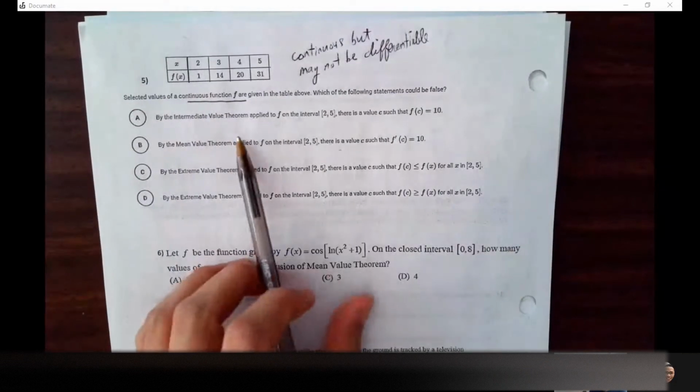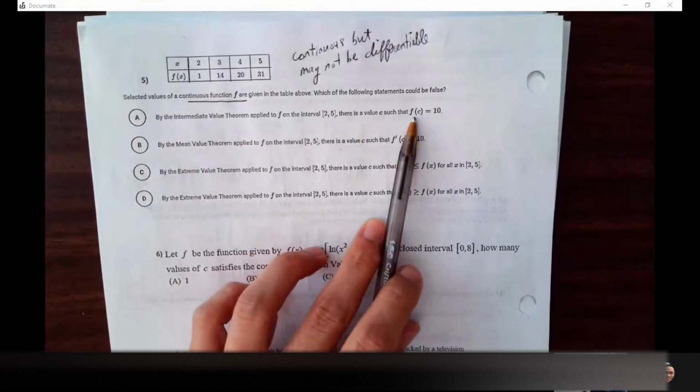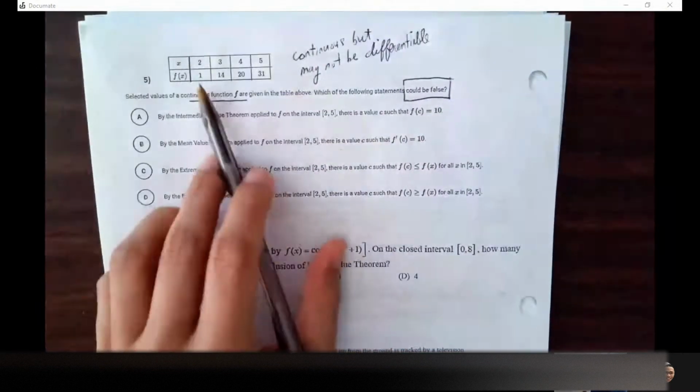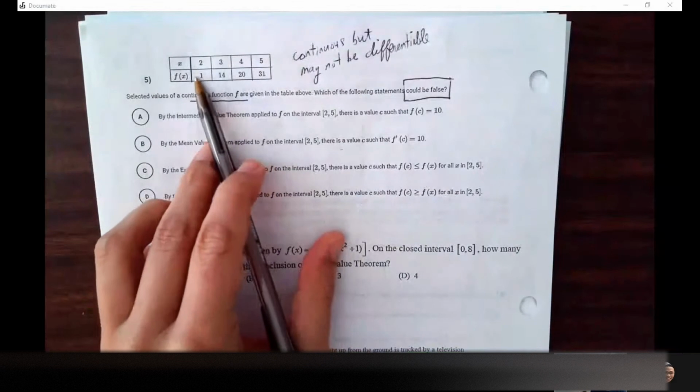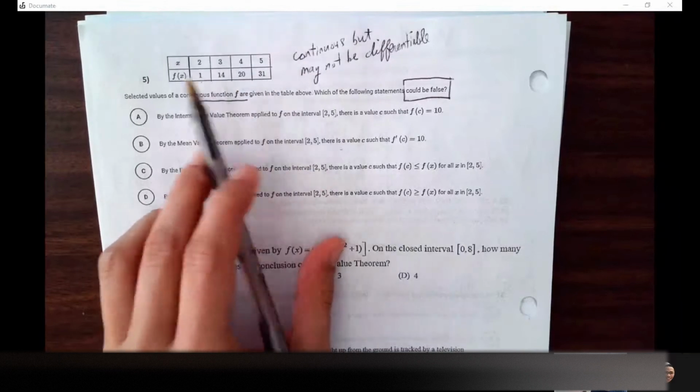So part A says by intermediate value theorem, there's a value such that f of c is equal to 10. Okay, it says could be false. So we have a y value that's one endpoint being a y value of 1. We have the other endpoint being a y value of 31.